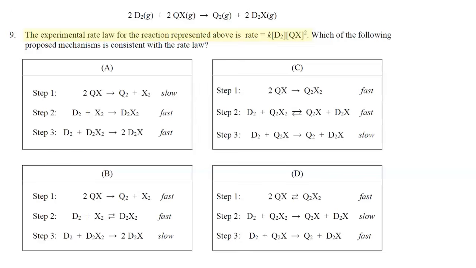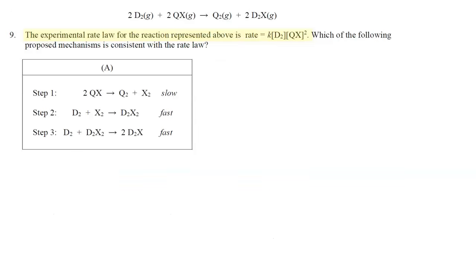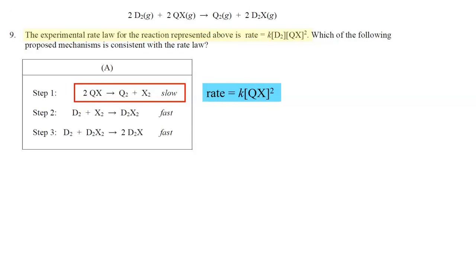Let's start with choice A. In this mechanism, the first step is the slow rate determining step. So all we have to do is count the number of reactant particles in that slow step. And I see 2 particles of QX that are featured as reactants in that slow rate determining step.